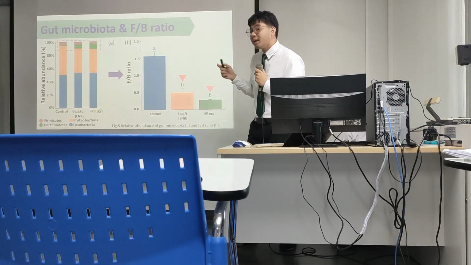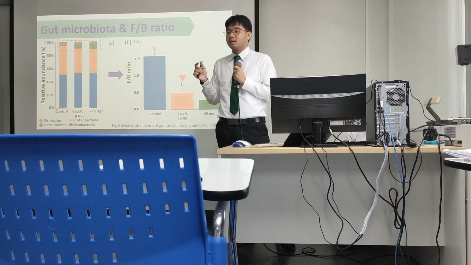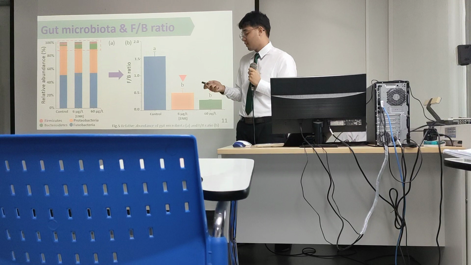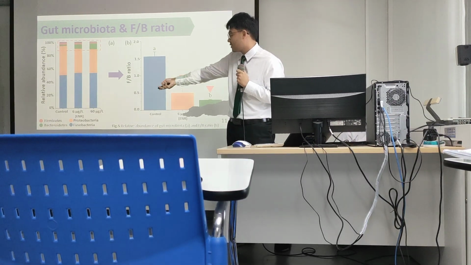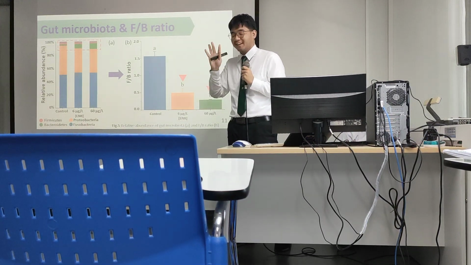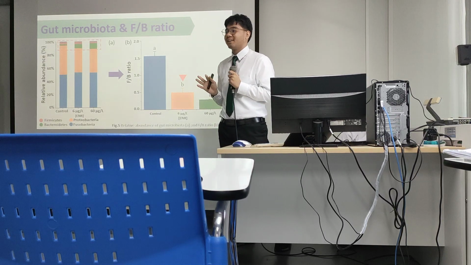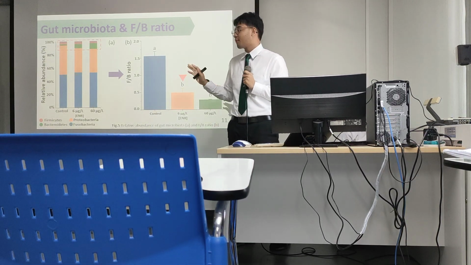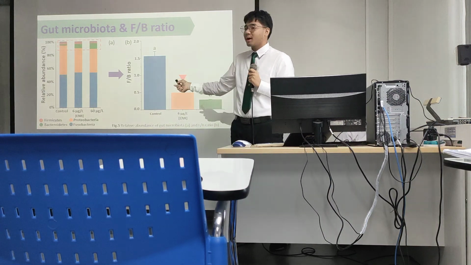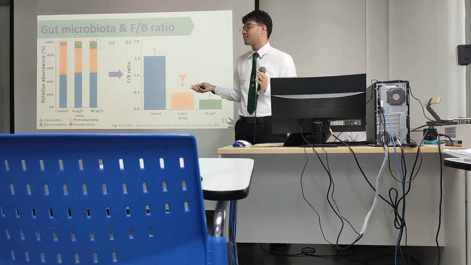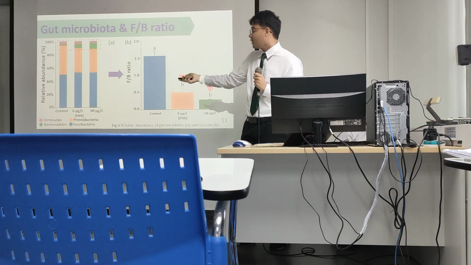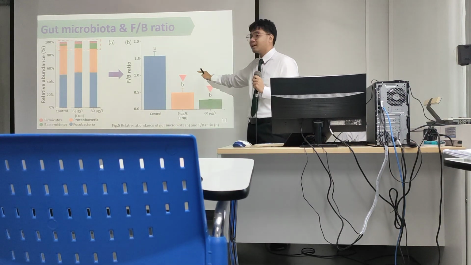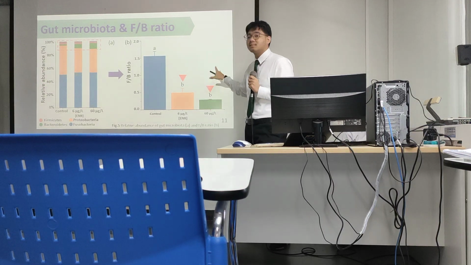It's because enrofloxacin is ineffective against anaerobic bacteria, and Bacteroidetes are anaerobic bacteria. So after zebrafish exposure to enrofloxacin, this group is not affected, and only Firmicutes decrease. That's why the F/B ratio decreases.